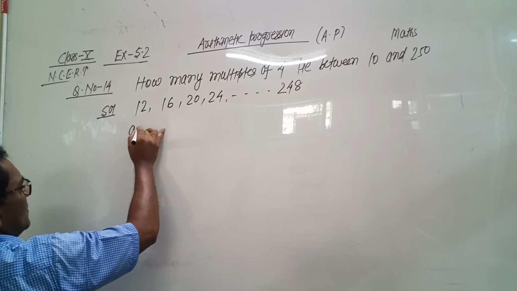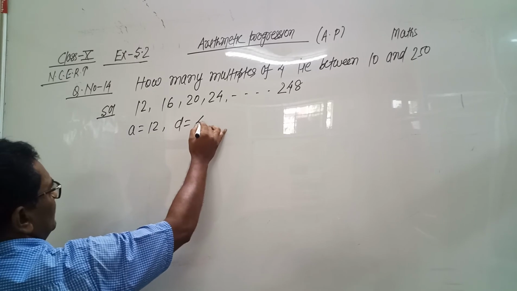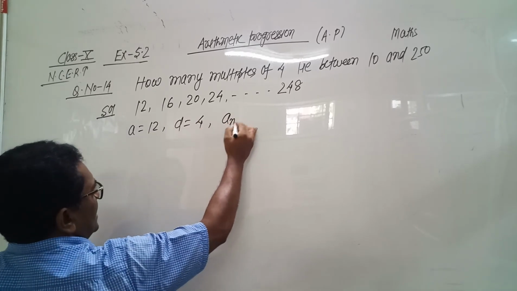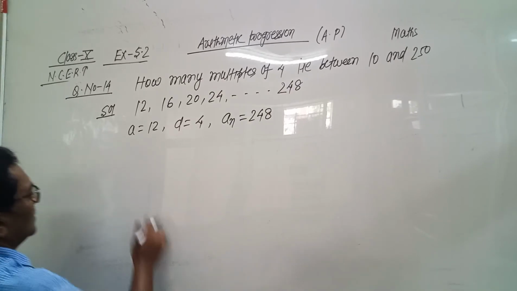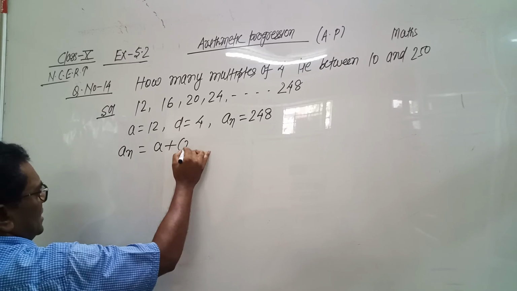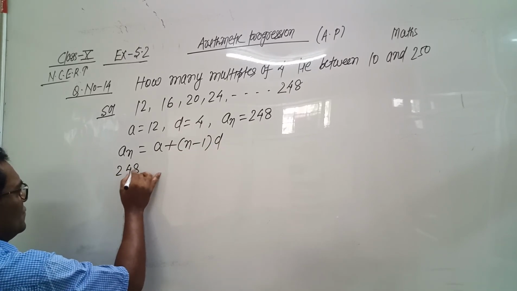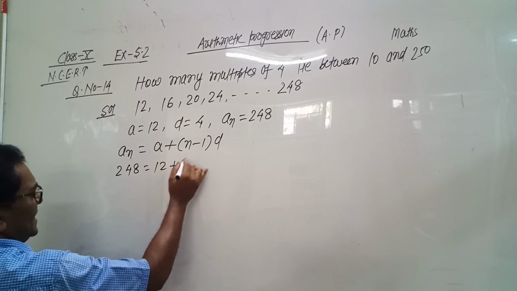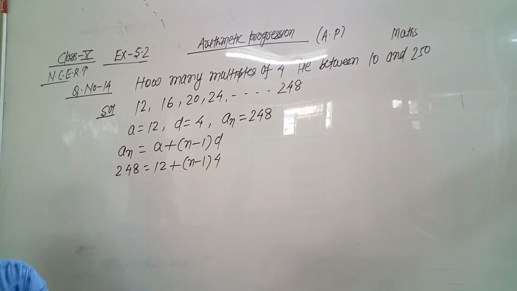So the value of A is 12, the common difference is 16 minus 12, which is 4, and the last term AN is 248. We use the formula AN equals A plus N minus 1 D. 248 equals 12 plus N minus 1 into 4.